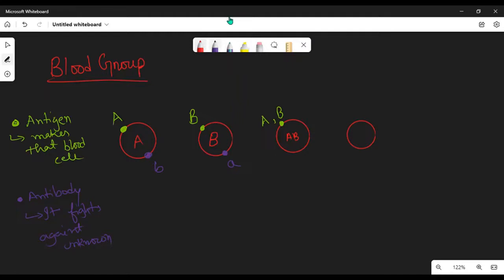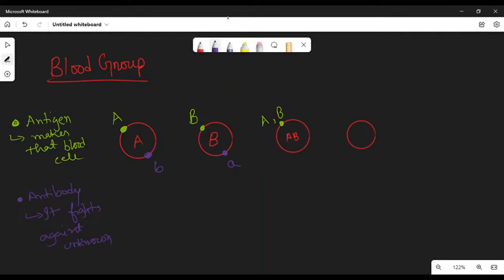And get this, as there are two antigens A and B already present here, there is no chance of having any antibodies here. If we have antibody A, this will destroy this A, and if we have B, the B will destroy B. So there is no chance of having any antibody here. So there will be zero antibody, or we could say there will be no antibody.